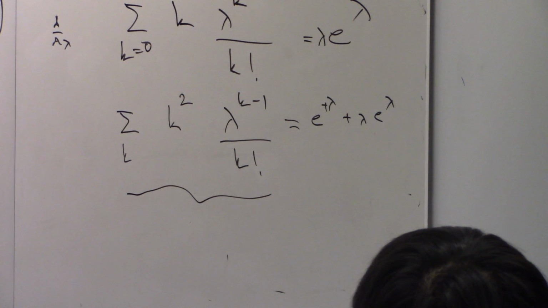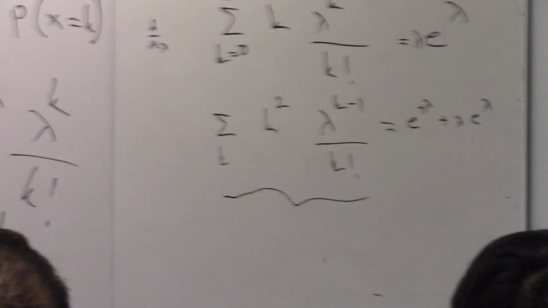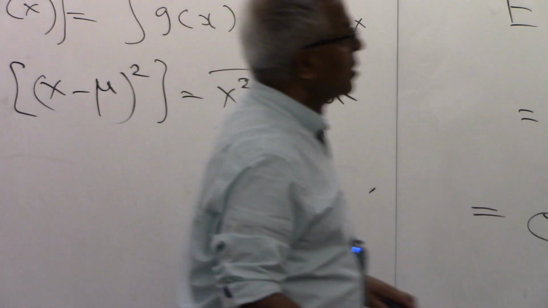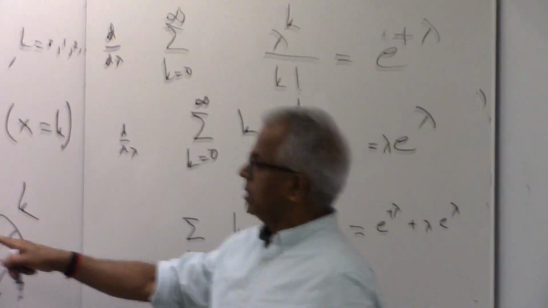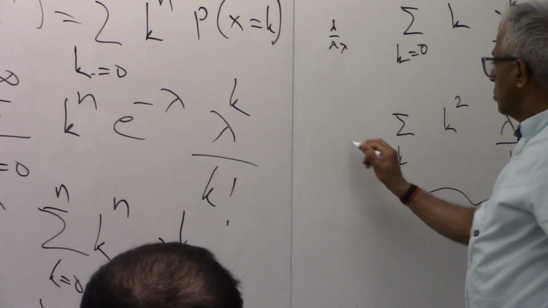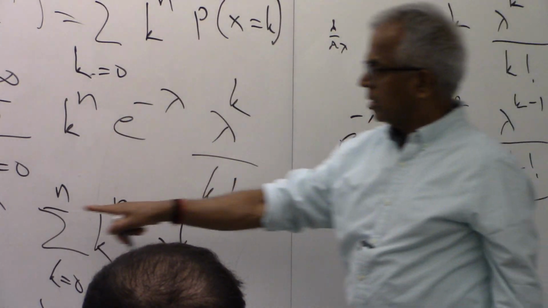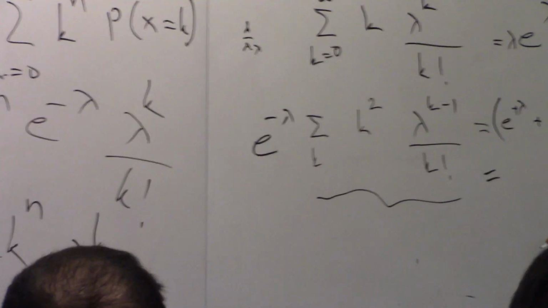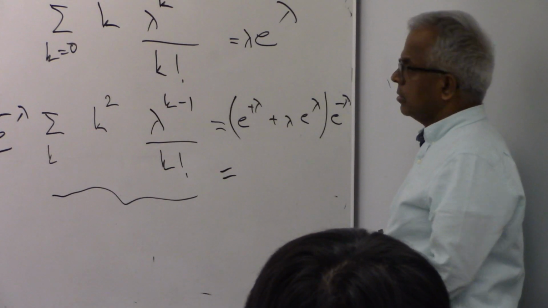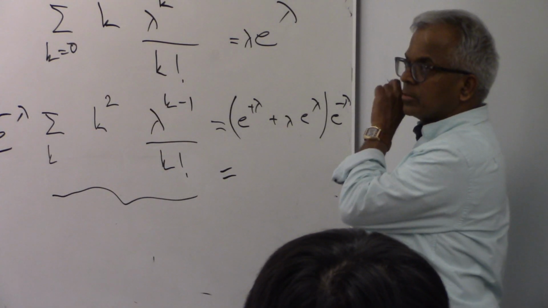So for Poisson, if I multiply by e raised to minus lambda outside, the answer turns out to be, what do you get?